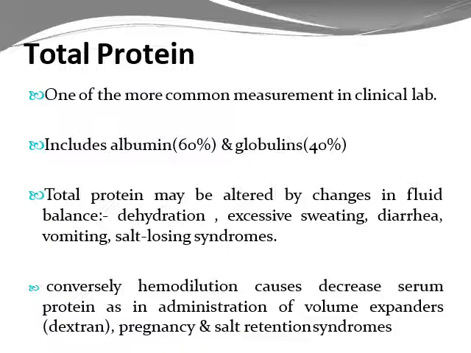Conversely, if we dilute the blood through fluid therapy, or in cases of pregnancy, in cases of salt retention, the total protein amount usually will decrease. So if you dilute the blood, the amount of total protein decreases. If you lose fluid from the body, your total protein content of the blood increases.